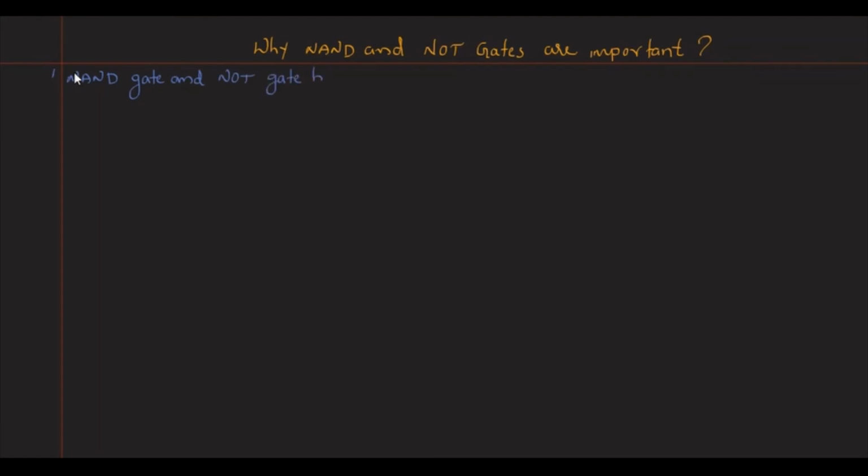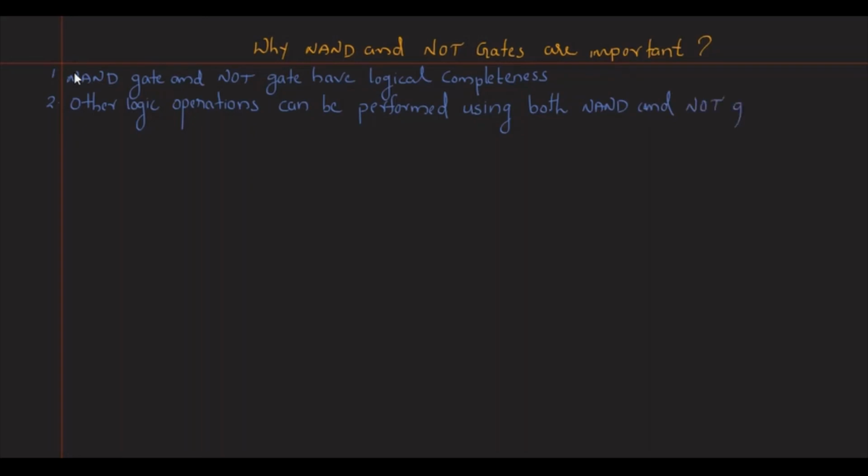Next, why NAND and NOT gates are so important. We can say that NAND gate and NOT gates have logical completeness, which means that every possible switching operation can be performed using both NAND and NOT gates.